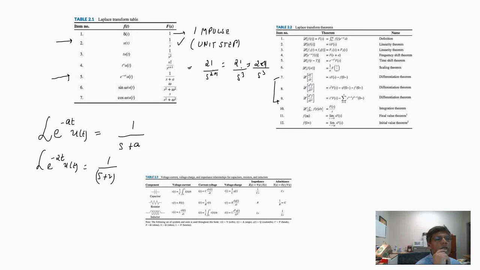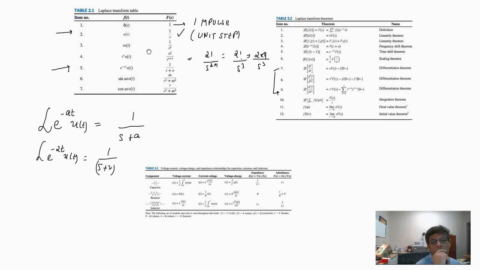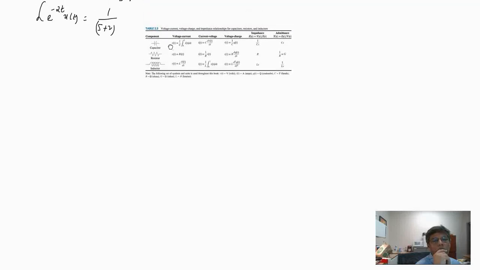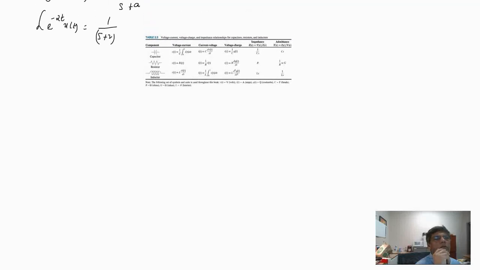Now coming down to the bottom one. I tried to move the screen up so as to clear up that area for you. If you have a capacitor, you know a capacitor is a storage device. You recall that the symbol of the capacitor looks like this.